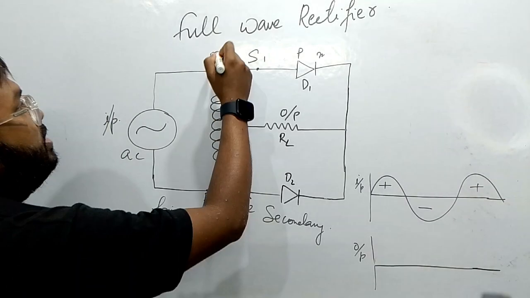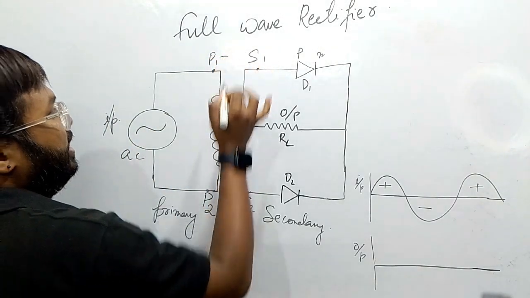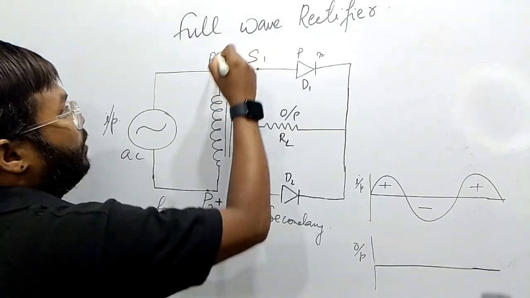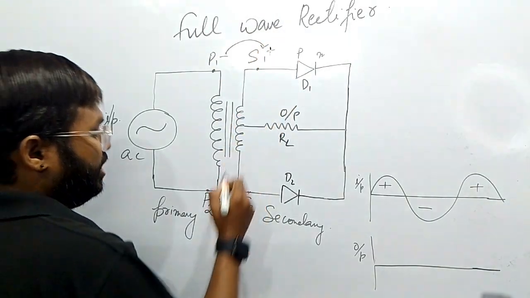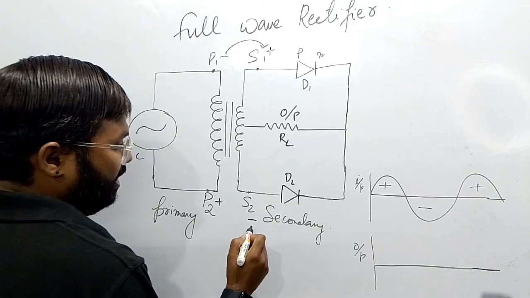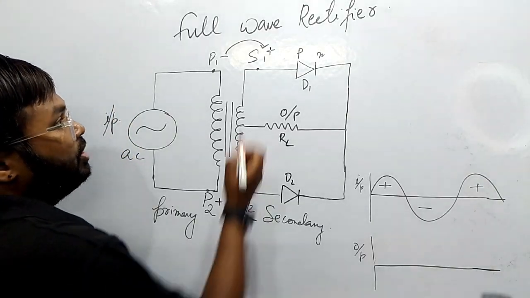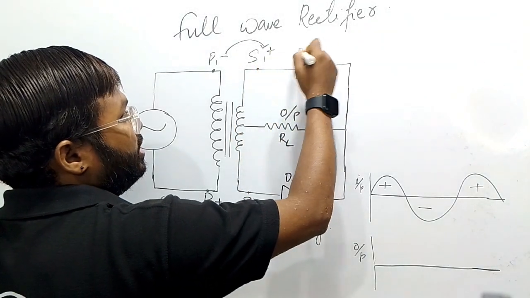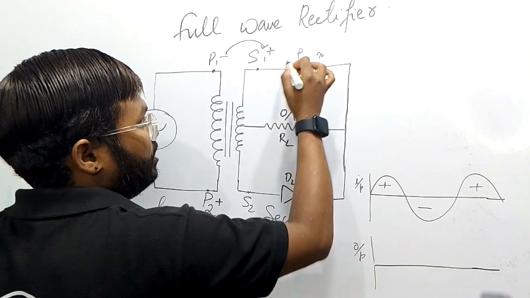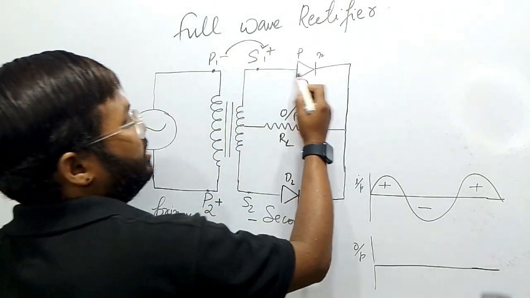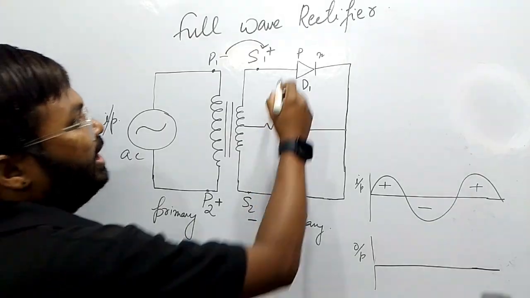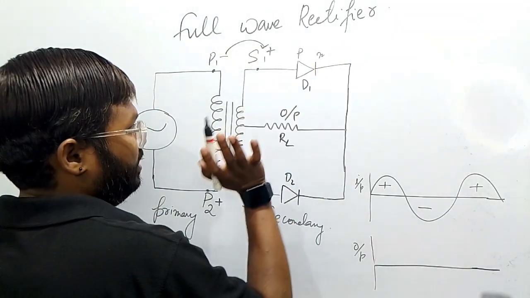Here first positive, so here this is negative, this is positive. When negative, it will become positive due to mutual induction, and when positive, this will become negative due to mutual induction. So here the positive terminal is connected to the P portion of the PN junction. So this will act as a forward bias, and thus you'll get one reading here.